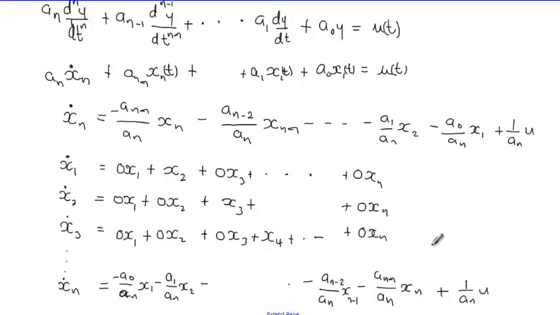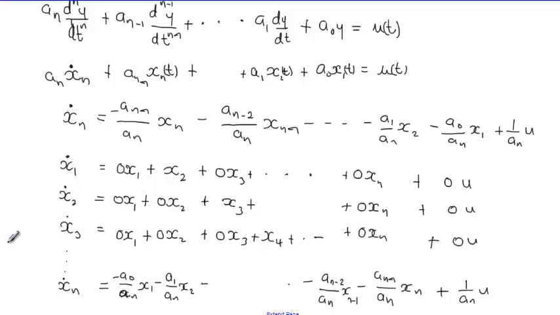So to make it uniform, you can put here 0u plus 0u plus 0u. In your text these zeros are not written, but I write them because I want to easily see what I want to see next.